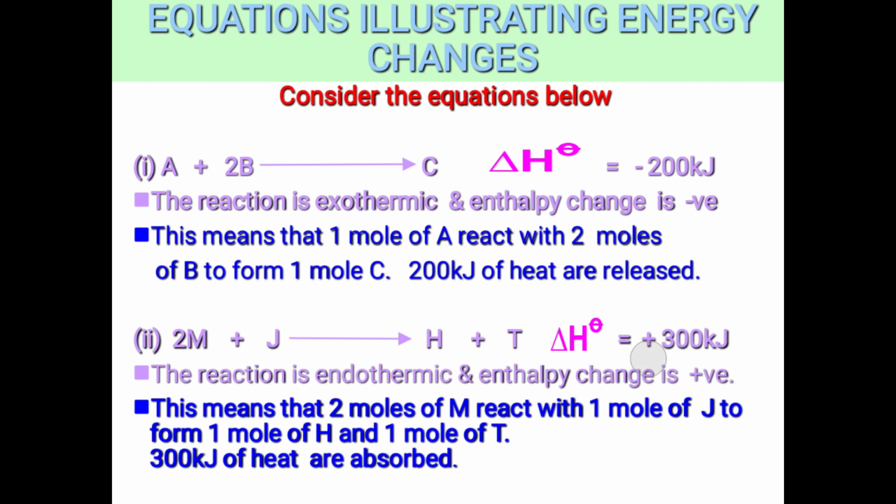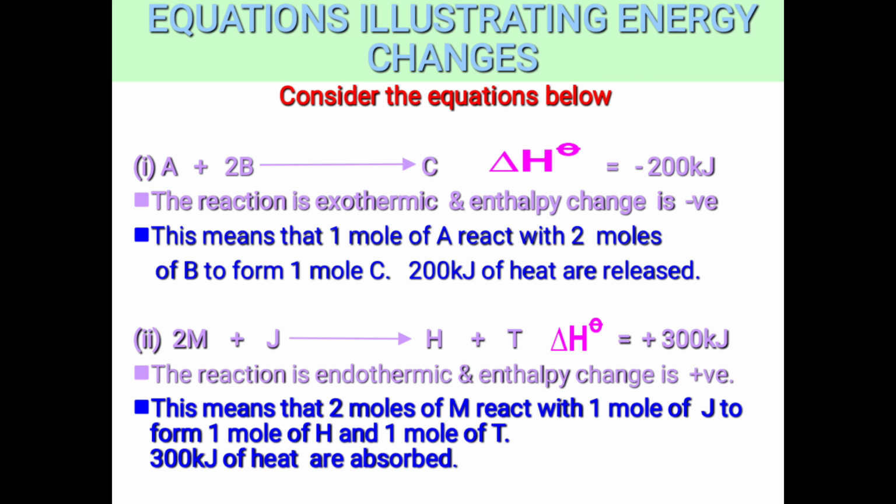So there is absorption of heat energy, which means here the products H and T contain more energy than the reactants J and M, while here the product C contains less energy than the reactants B and A. So that's why we have those differences with either negative or positive. The positive or negative comes as a result of energy being either released or absorbed.